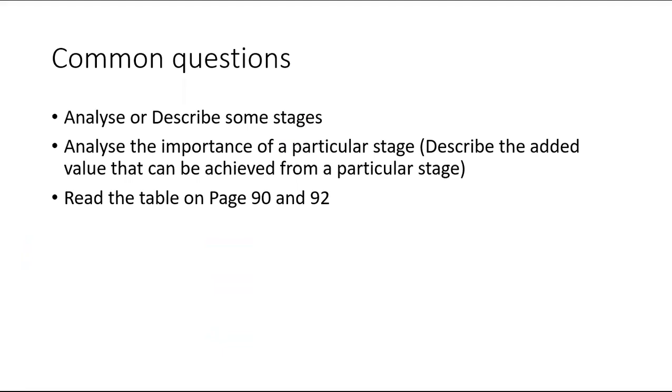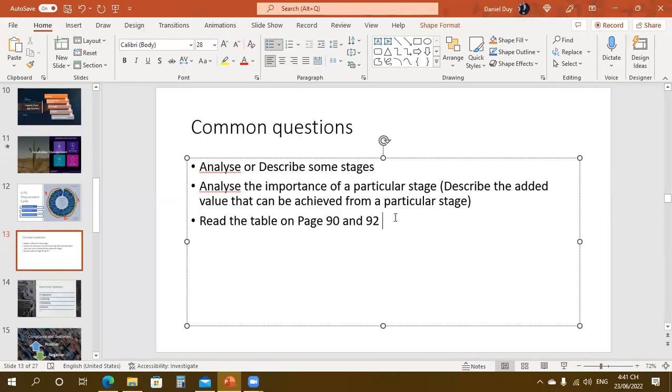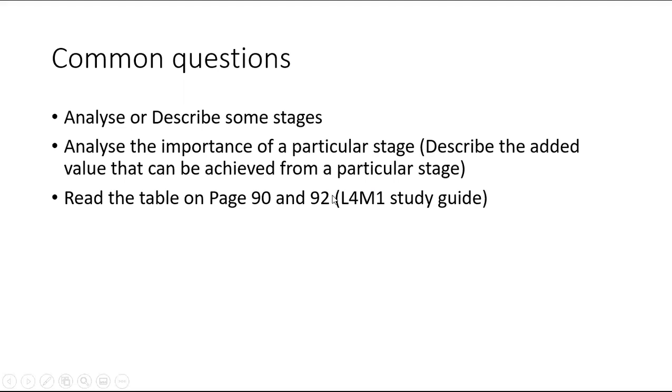Regarding the added value, you should read the table from page 90 to page 92 of the L4M1 study guide. Though the book is not very long on this, you may add your points from your experience as well as from other modules to write longer.